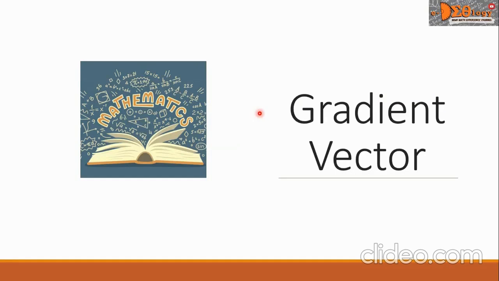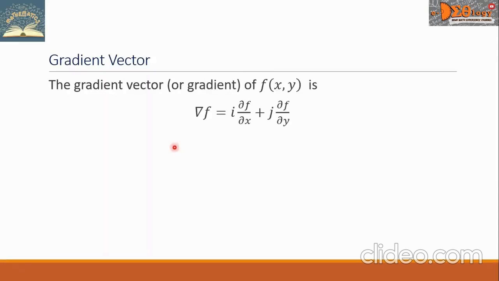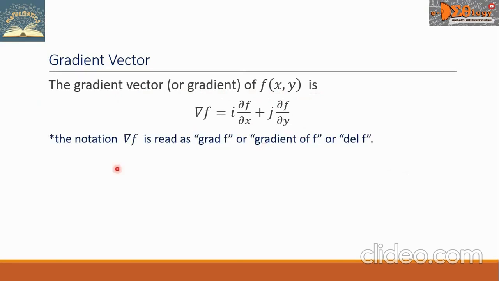Hi everyone. Today we're going to study gradient vector. The gradient vector or gradient of the function f of x, y is this formula. The notation inverted delta f is read as grad f, or gradient of f, or del f.